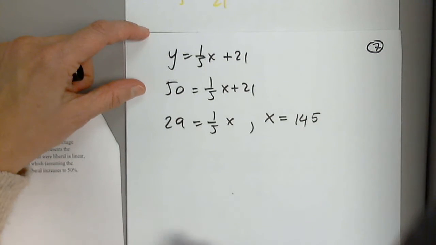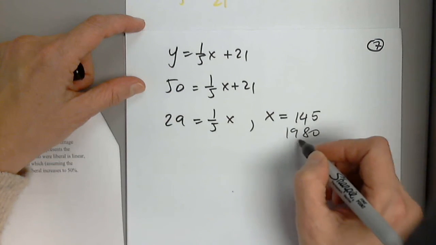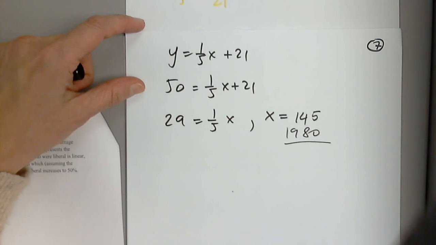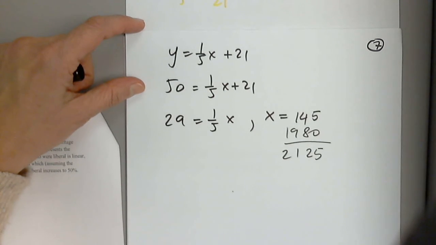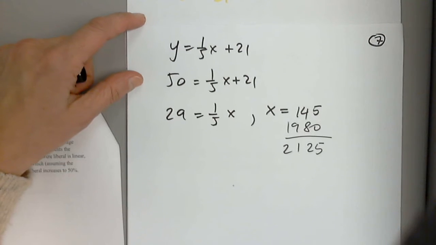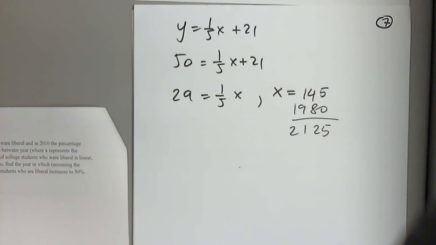So 145 years since 1980. So 5, 1, 2. If the model still holds. Good. Next question.